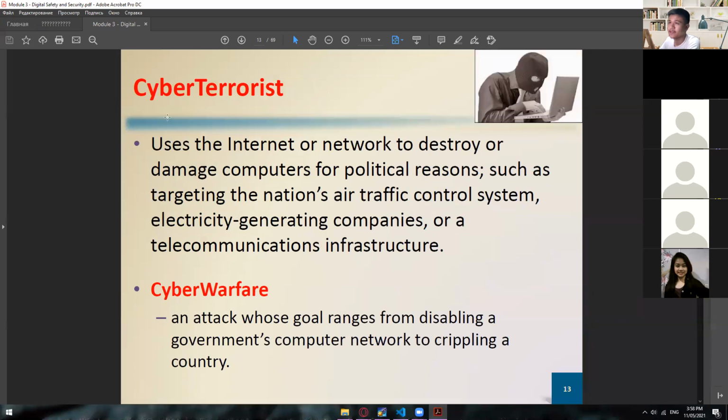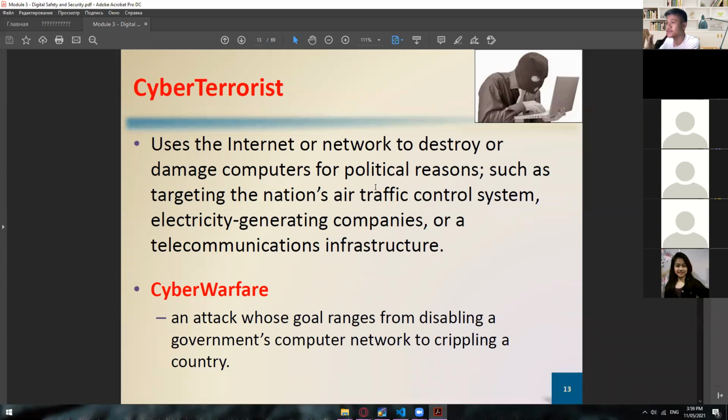And then we also have cyber terrorists, wherein they are people, let's say crackers, who were hired by, let's say, rich people or politicians who wanted to destroy a certain nation, or a government, or a company, or anything that is a big company or a big city maybe.